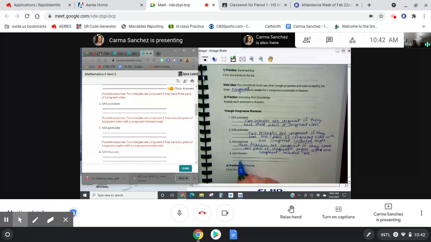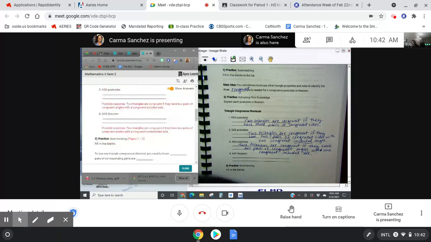And finally, AAS is when that side's not in the middle. 2 triangles are congruent if they have 2 pairs of congruent angles and one congruent non-included side.